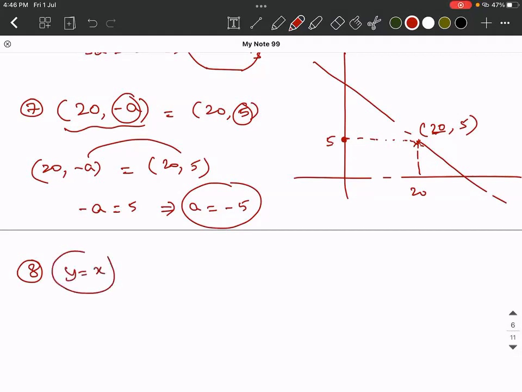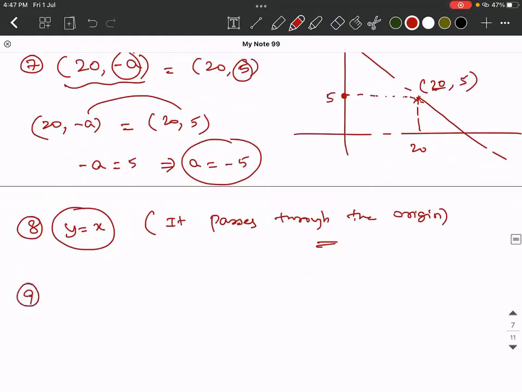Y is equal to x. Yes, 8-1, that is the answer. Y is equal to x, because what will be the reason you'll write? It passes through the origin.